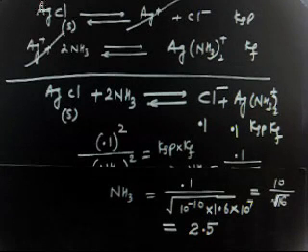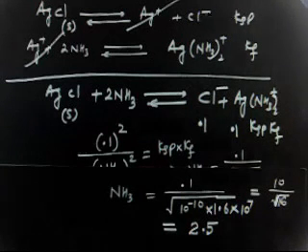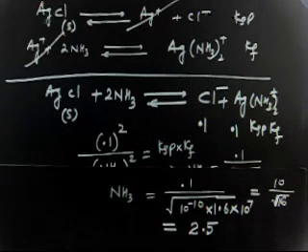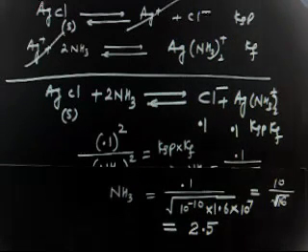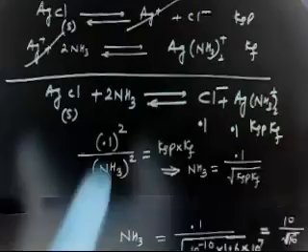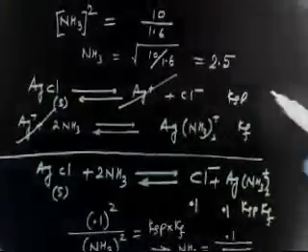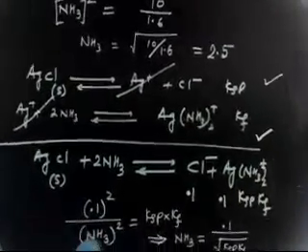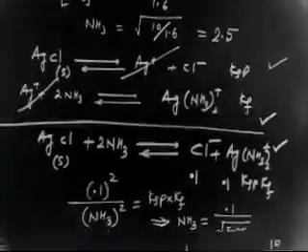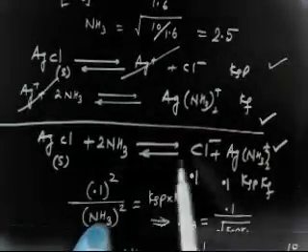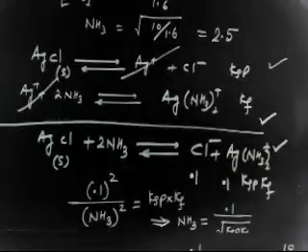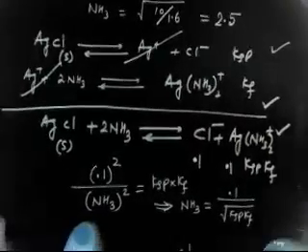Another way is this: since the second equilibrium has a very high equilibrium constant Kf, the second equilibrium almost goes to completion, and the first equilibrium has a very small equilibrium constant. So I can add the two reactions and multiply the two equilibrium constants. If you add these two reactions, this is reaction one, this is reaction two, you get an overall reaction. Once you set the overall reaction, write all the concentrations and then use the equation for the equilibrium constant. You will get the answer.